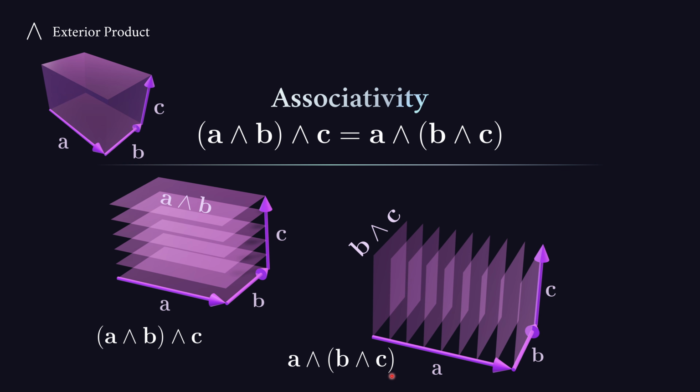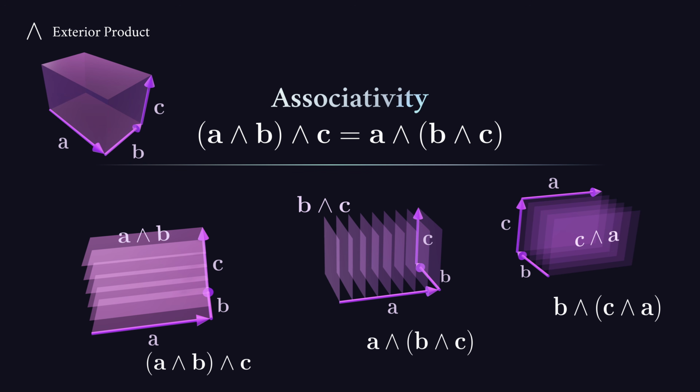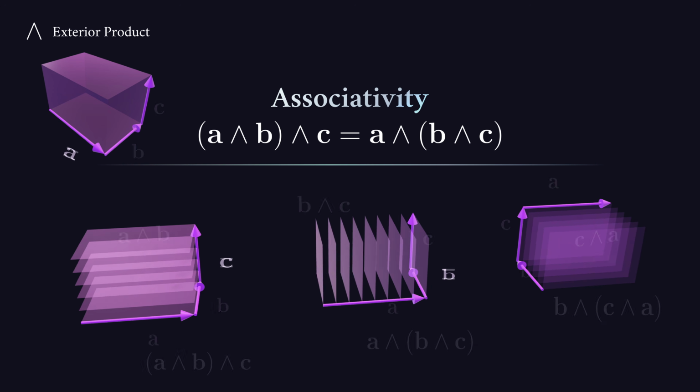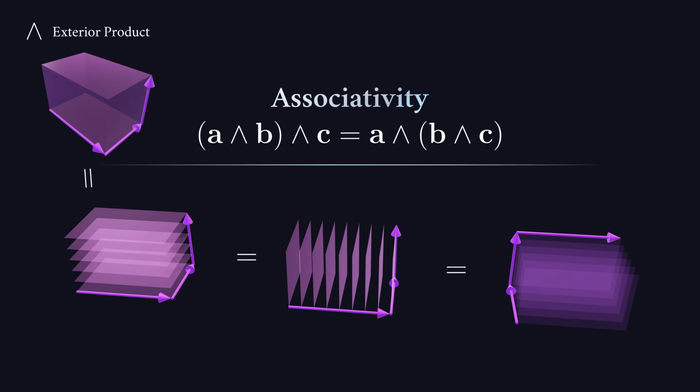B wedge C now, as you can see, is another planar element. And then we stack those elements along the direction of A. And then if you know Levi-Civita, you can even go further and write it like this, B wedge C wedge A, and this should still be the same expression. This is just to see visually what associativity is trying to tell us.